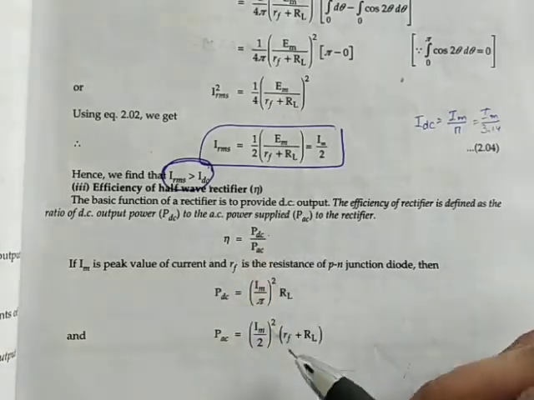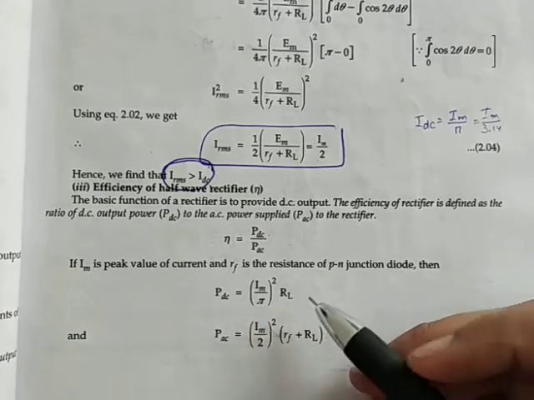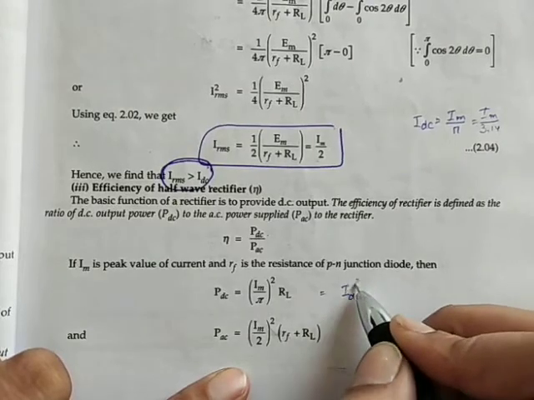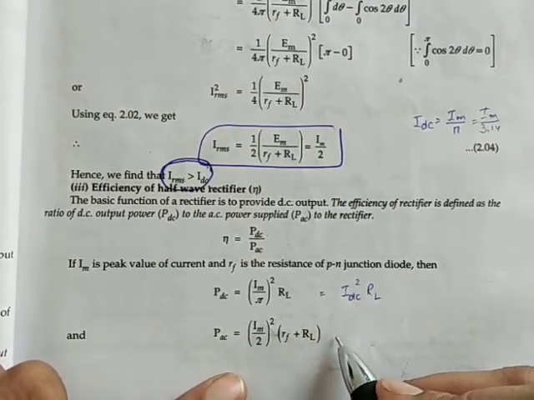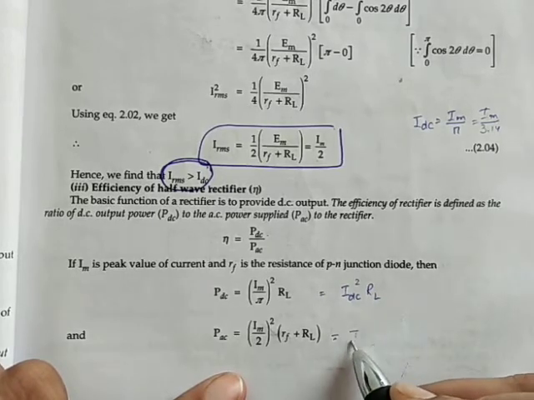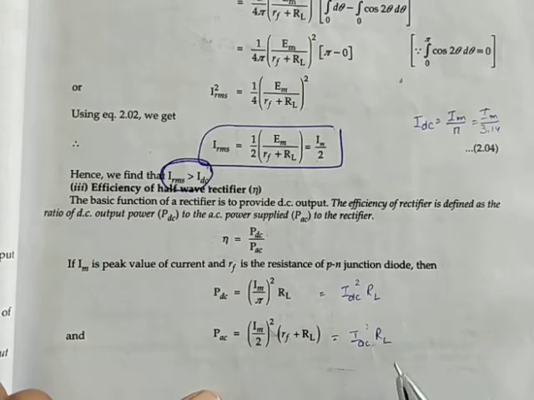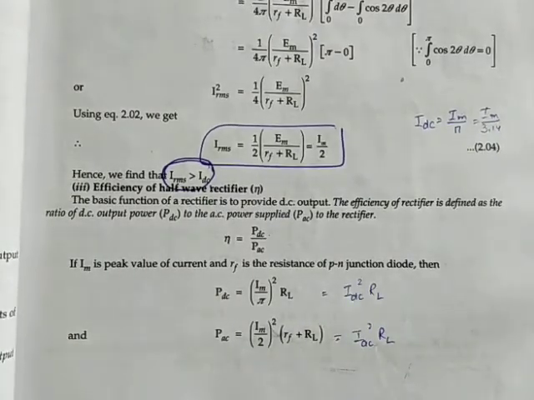So here it is written. PDC is basically IDC square RL, and this is basically IAC square RL. Okay, so this is what we have here.